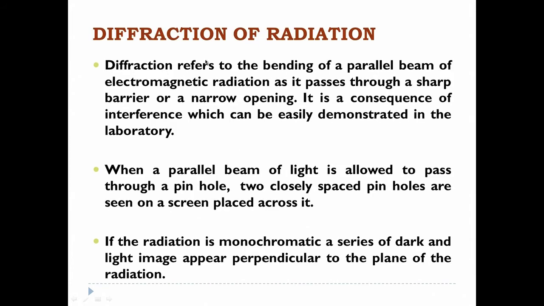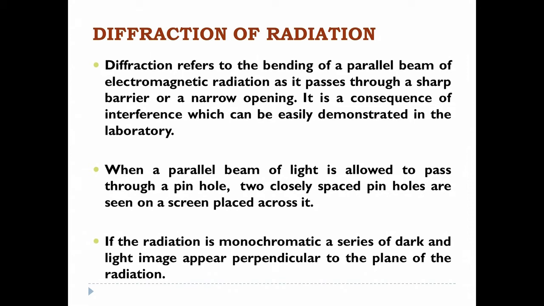Okay. So, diffraction is another aspect of the interaction of electromagnetic radiation with matter. So, what does diffraction refer to? Diffraction refers to the bending of a parallel beam of electromagnetic radiation as it passes through a sharp barrier or a narrow opening.